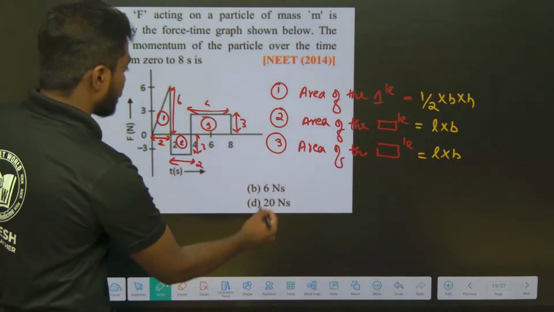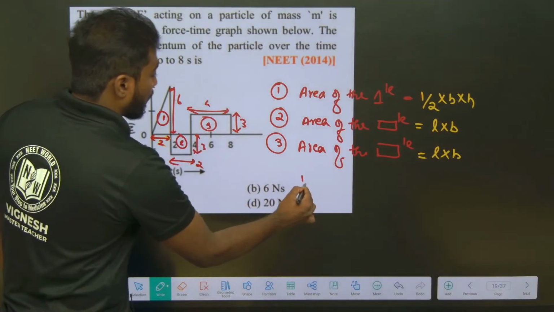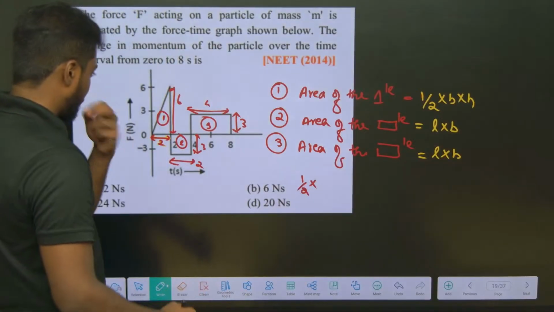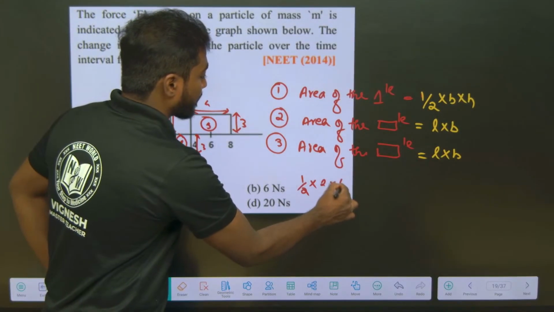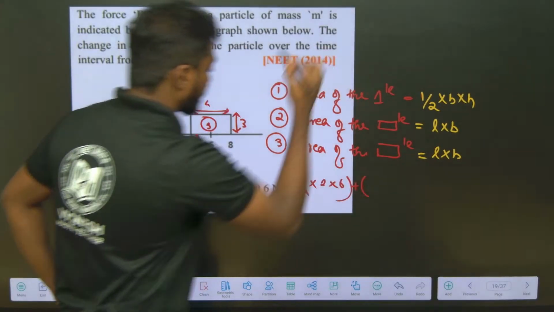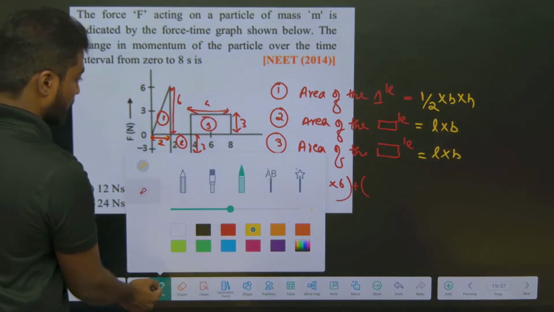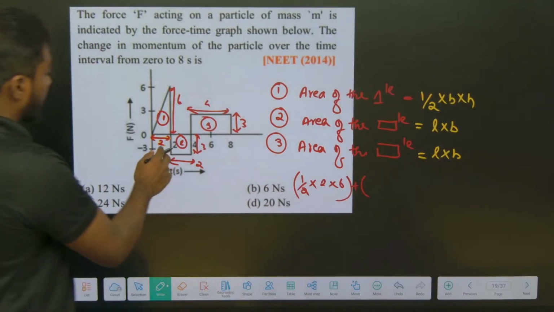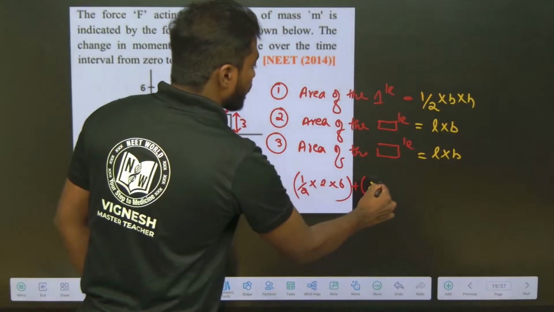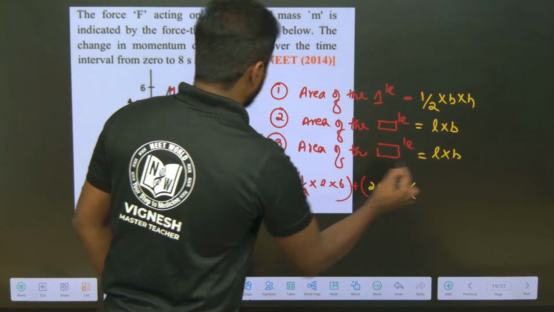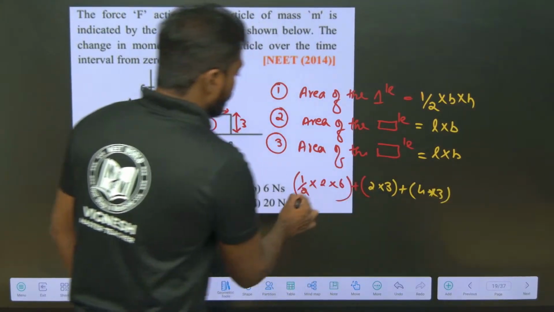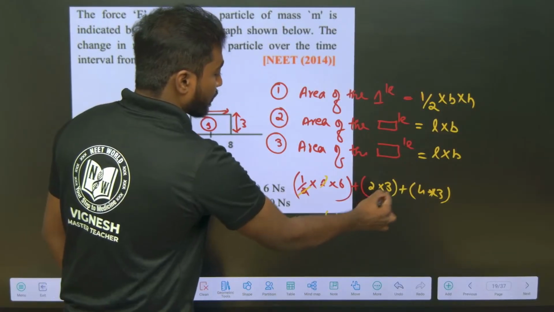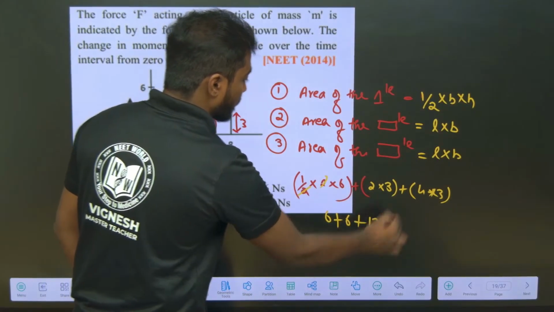I will do it here, see, half into base is 2, height is 6 plus, I will change the color in black, okay. Now this is 2 into 3 plus this one is 4 into 3, 2 will get cancelled, 6 plus 12, correct?